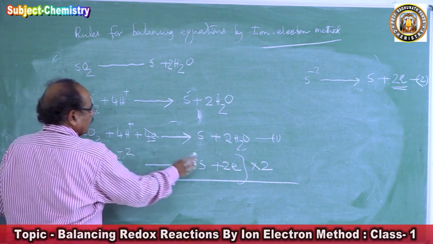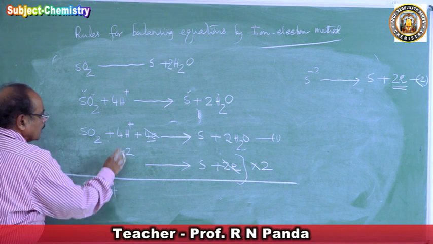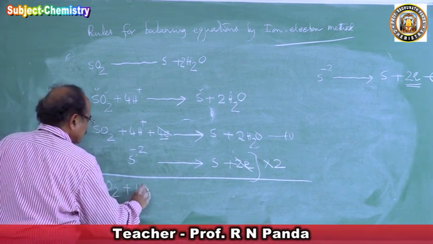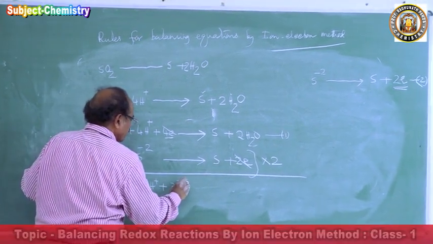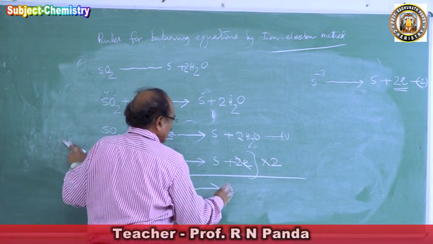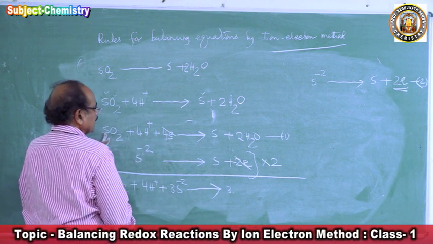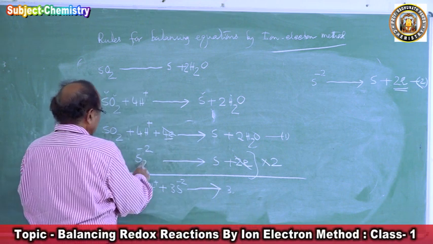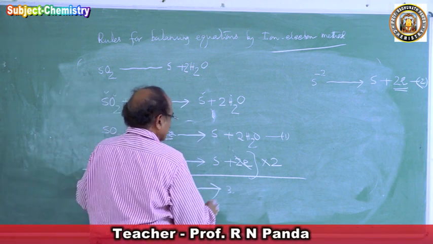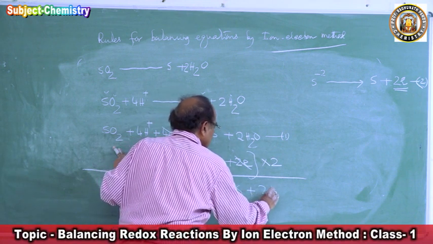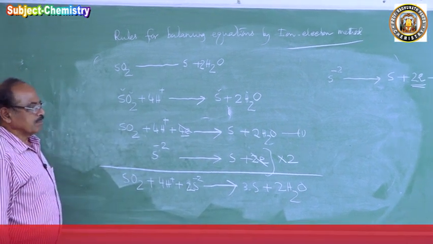So we get sulfur dioxide plus 4H+ plus 2S-2 forming 3S plus 2 water. So this is the balanced ionic equation.